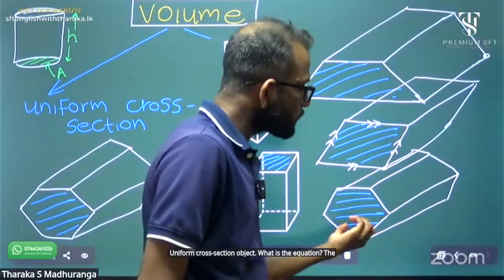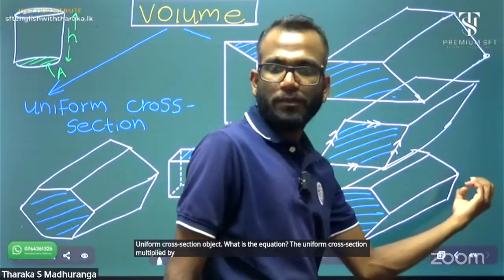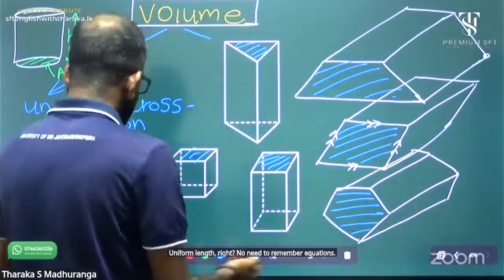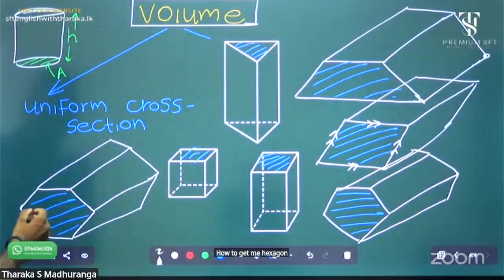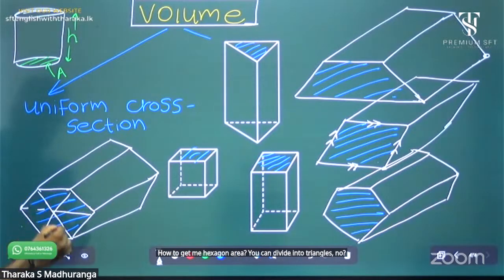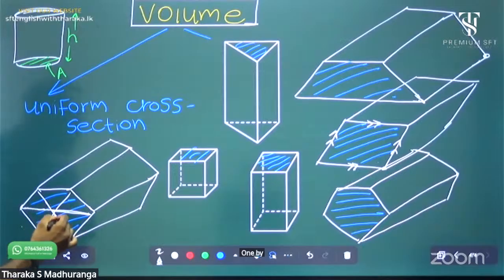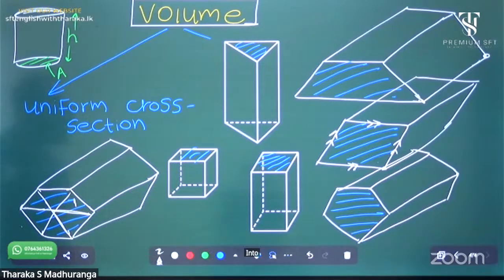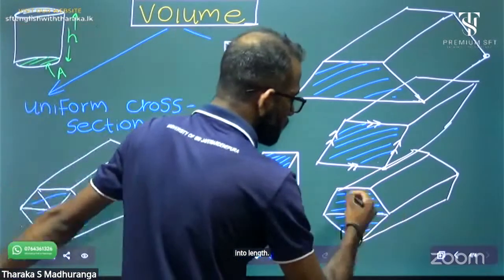The uniform cross section multiplied by uniform length, right? No need to remember equations. How to get hexagon area? You can divide into triangles, no? One triangle area multiplied by 6, then into length. Divide into triangles.